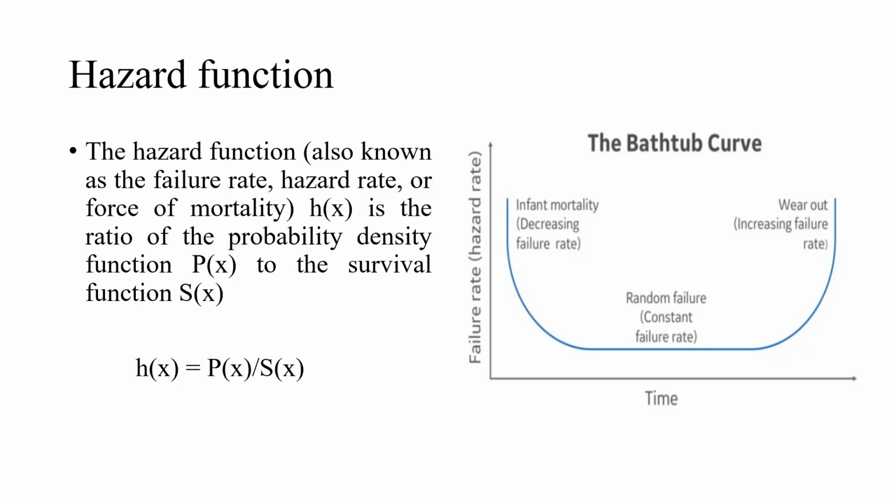It goes down and stays constant in adolescence or adulthood, when there is some mortality but very little, and it keeps increasing after a certain age, like 50 or 60 years. That force of occurrence is called the hazard function.